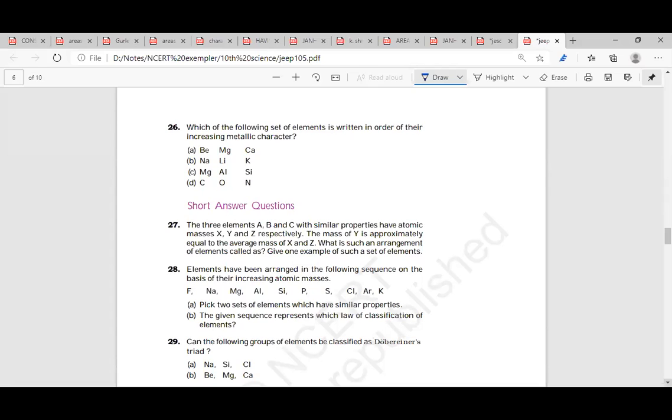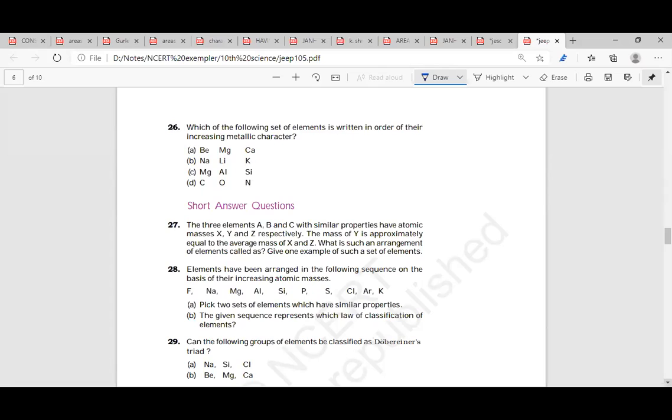The three elements A, B, and C with similar properties have atomic masses X, Y, Z respectively. The mass of Y is approximately equal to the average mass of X and Z. What is such an arrangement of elements called? Triads.